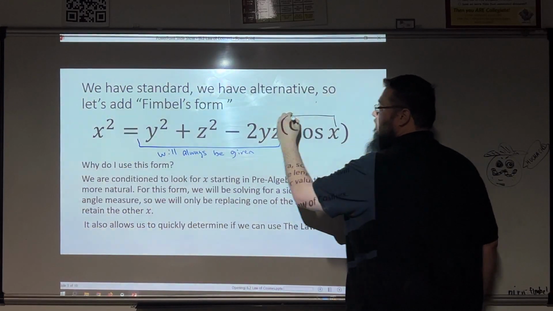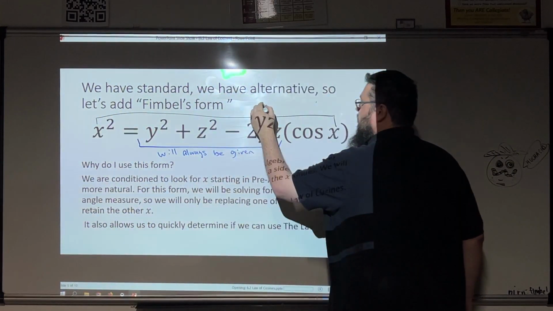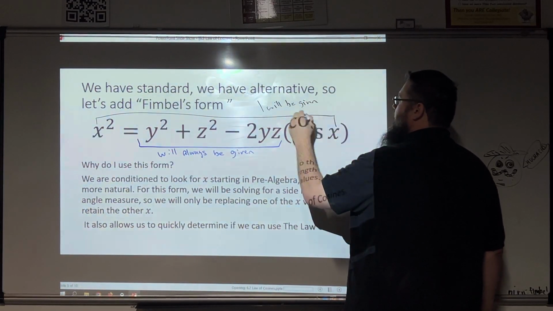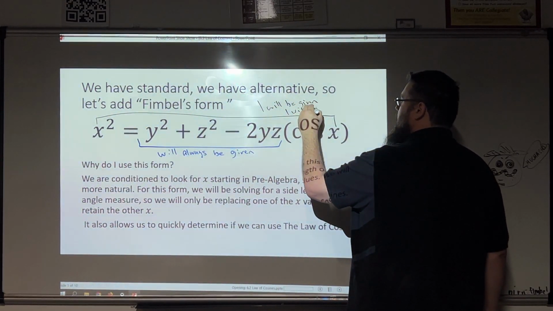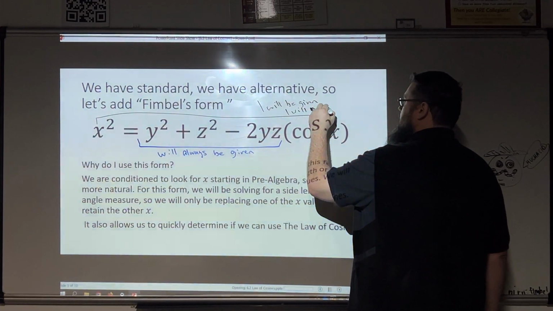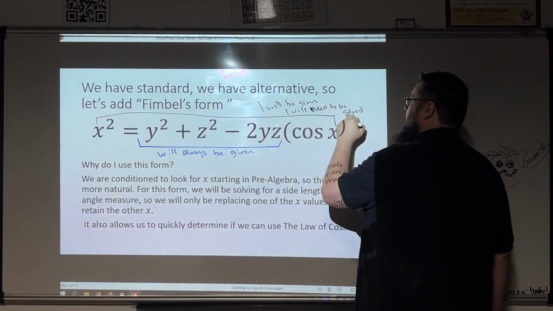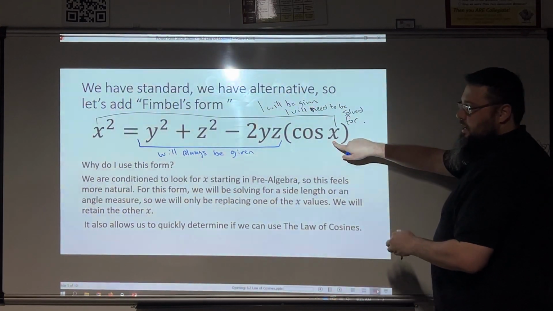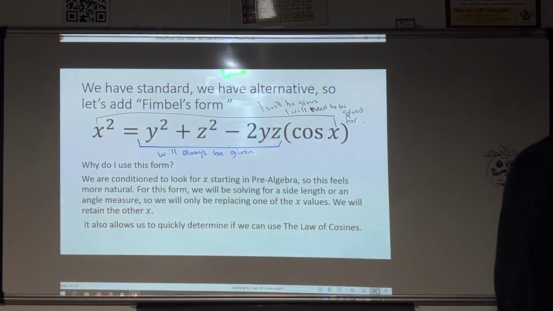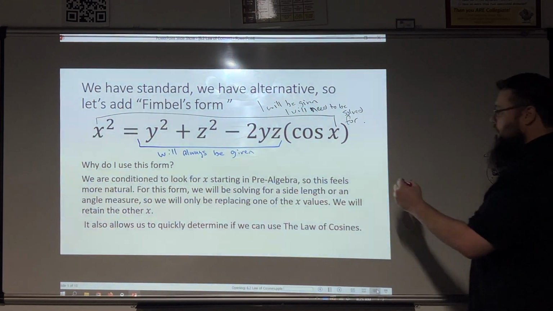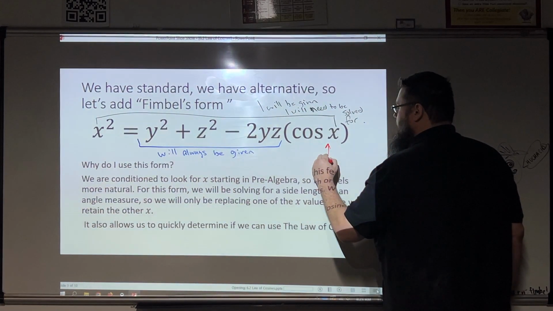Here, for my x's, one will be given, and one will be solved for. This x is for the angle, and the one on the left is for the side length. So if I spend the time breaking it down now, it'll make everything much more streamlined here in a minute.